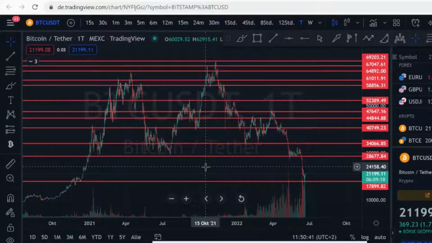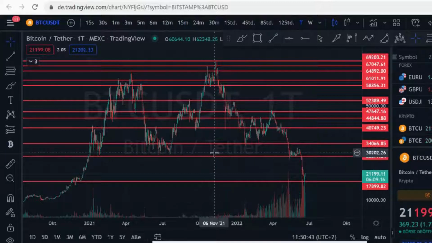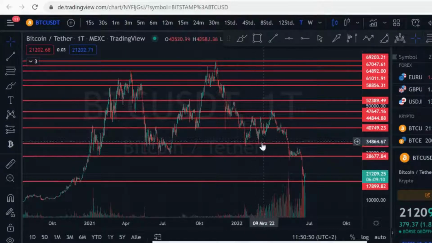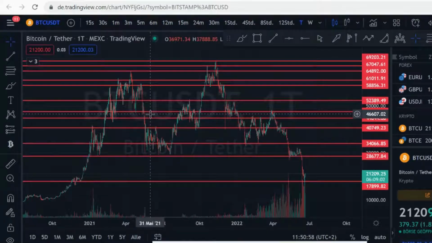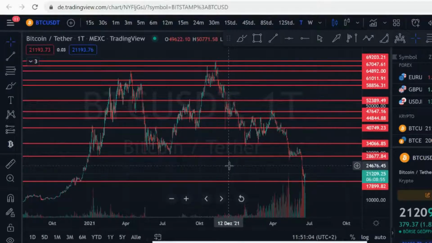My whole chart was full of lines. I drew lines everywhere. I thought, oh man, this is an important level. Oh, here, this is also an important level. Oh, here, I have to draw a line also on this level. At some point, that is correct, because some of these lines are definitely key areas, but not all of them.